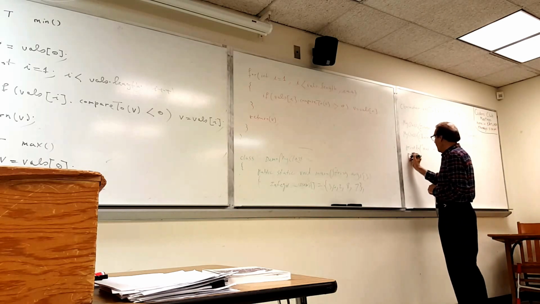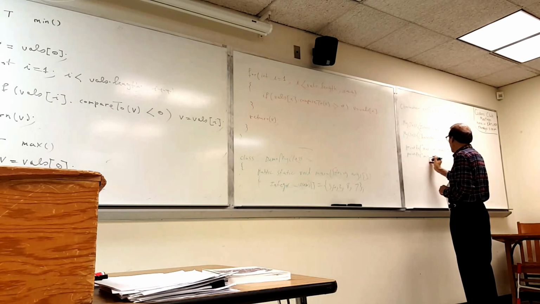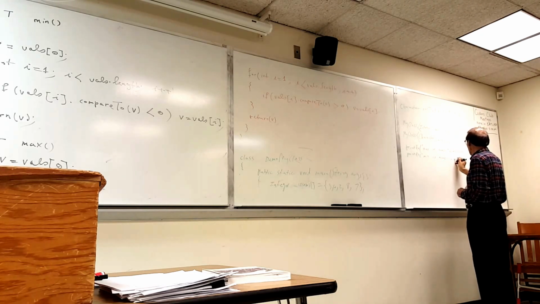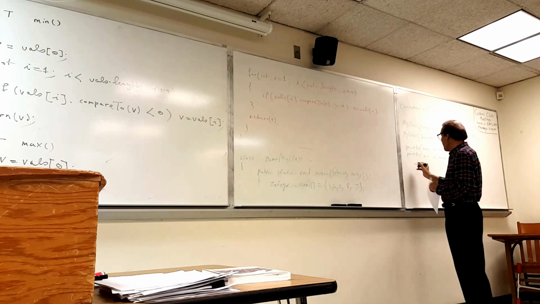Println min in nums equals plus mc dot min, and a couple more lines.